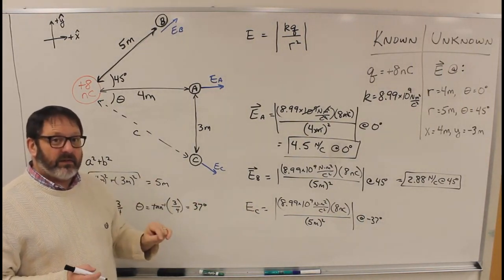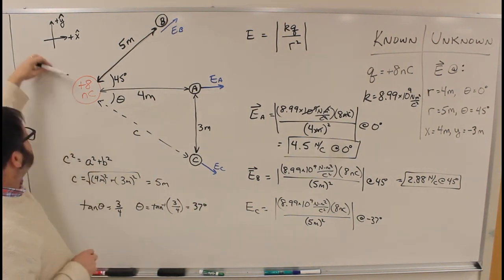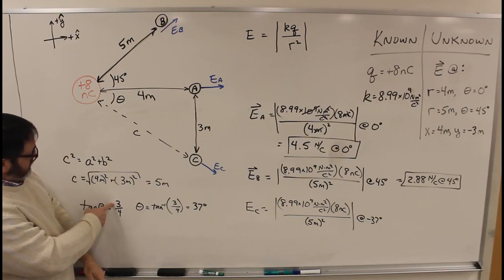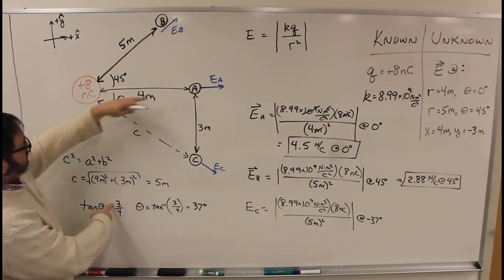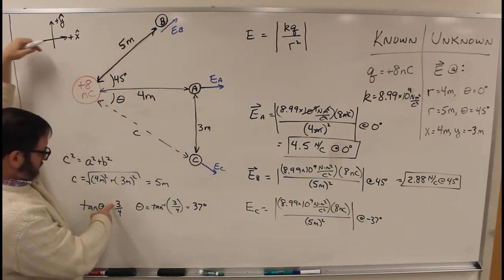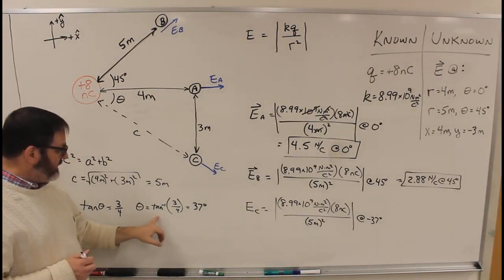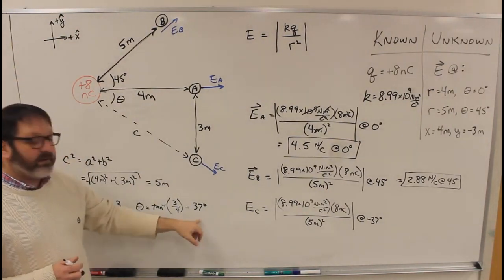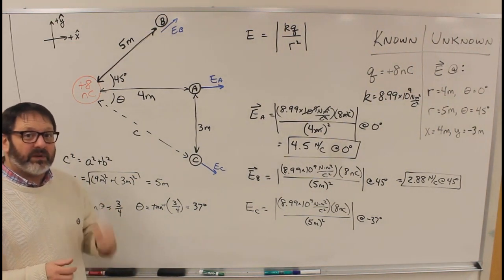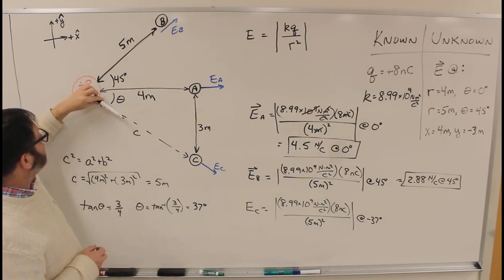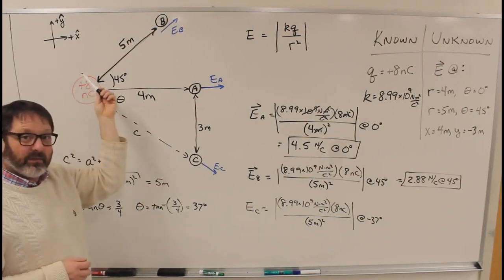I don't like to do it that way because if I did, and I was over here, this would be 3, so in the positive y direction, 3 over negative 4. And again, when I did the inverse tangent, I would get negative 37 degrees, which is not the right answer. Negative 37 is down here. In fact, it would be 180 degrees away from that.